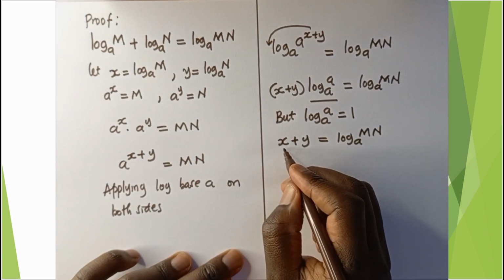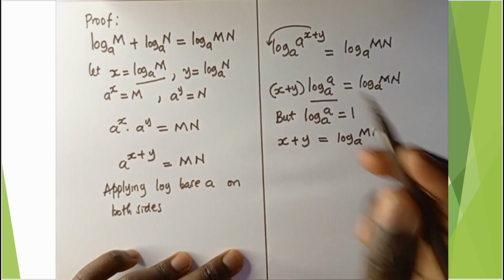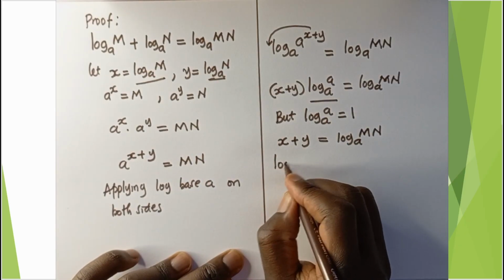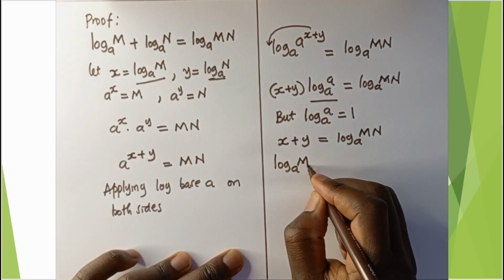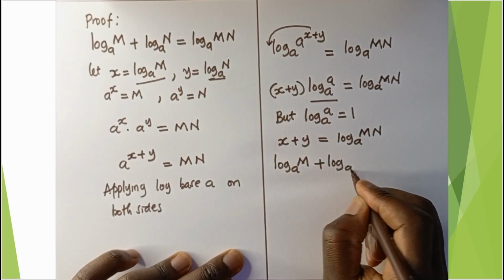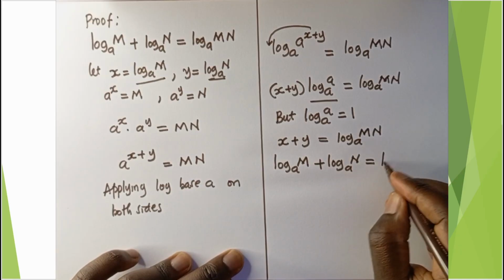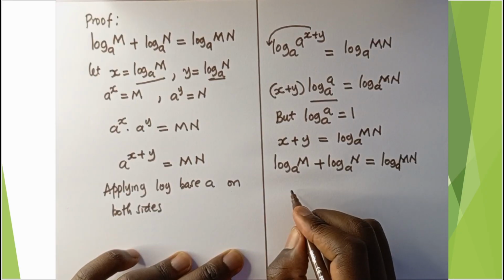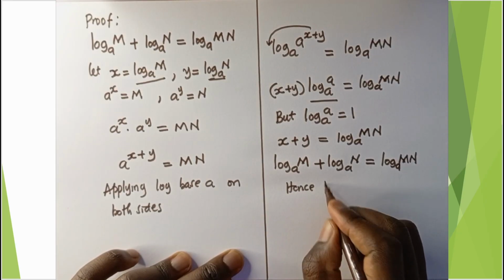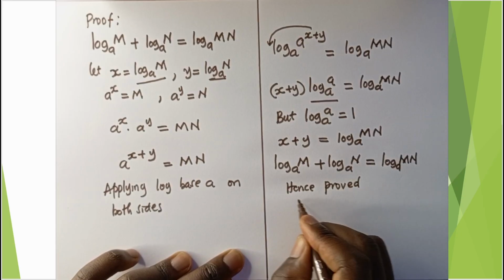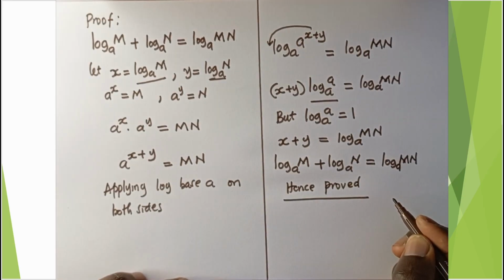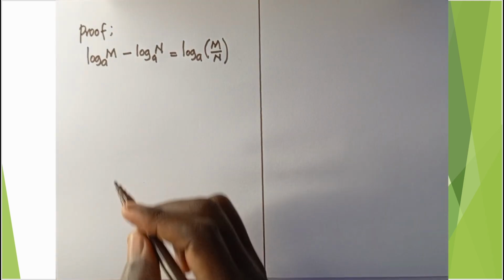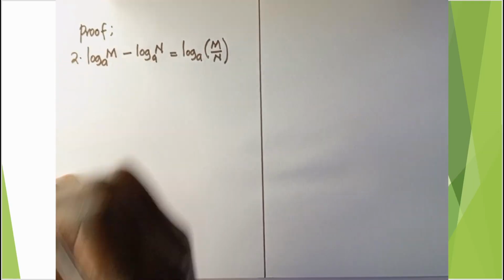Now our x is this, and our y is this, so therefore log base a of m plus log base a of n is actually equal to log base a of mn. So hence proved. So this is how we prove the first law. We meet in the next law. Now to prove the second law, this is the second law.